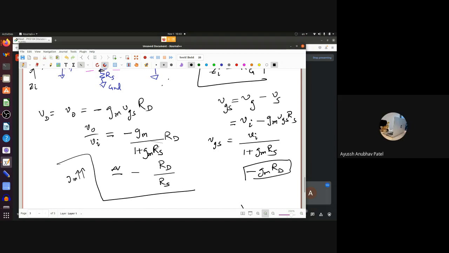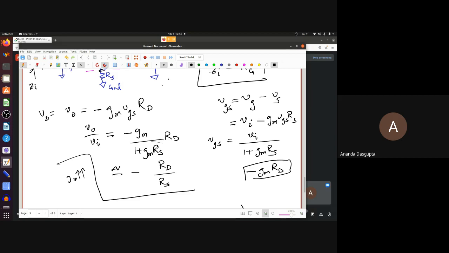Sir, am I audible? Yeah, you're audible. Tell me. So, because the gain is now the fraction between RD and RS, it is independent of any changes.